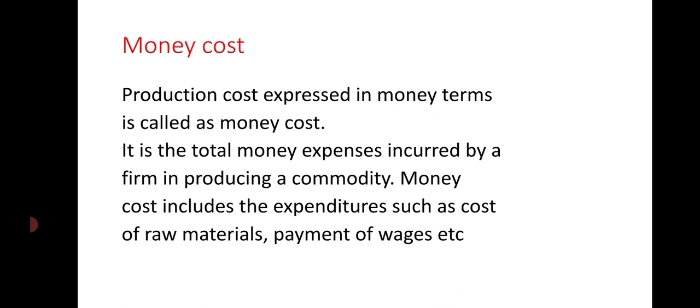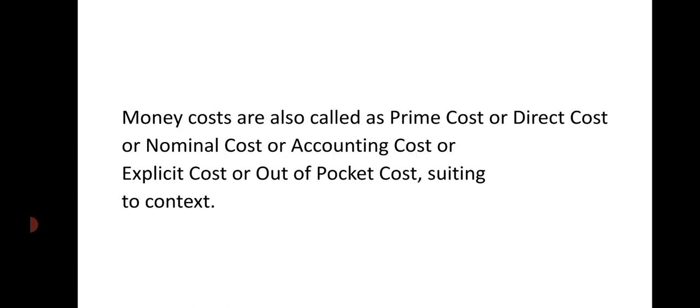So money cost is also called prime cost, or direct cost, or nominal cost, or accounting cost, or explicit cost, or out of pocket cost, suiting to the context. There are various names for money cost. In general, money cost means expenses incurred to produce the product.